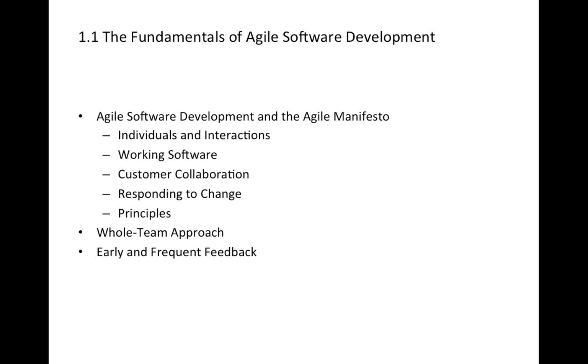The agile manifesto contains 4 statements of values. Number one is individuals and interactions over processes and tools. I will discuss more if you want to know a bit more.